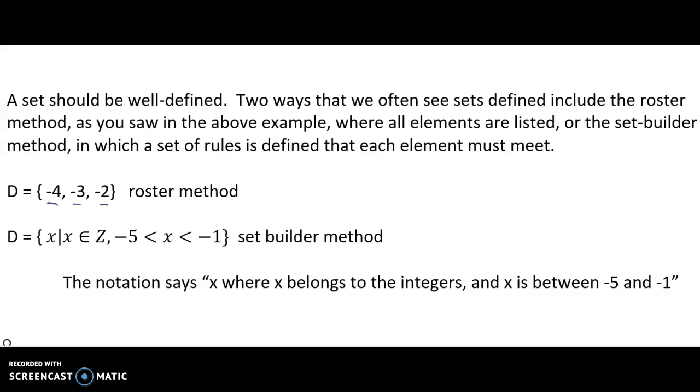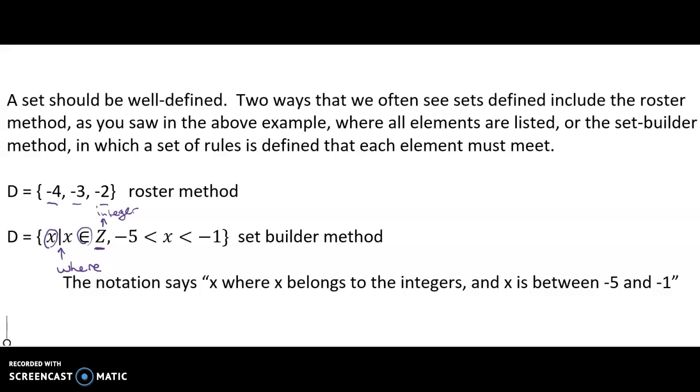Here we have set D, which is composed of elements X. And this line here means where. So elements X, where X belongs to Z. And Z represents integers. It's a universal notation. Capital Z is the set of integers.